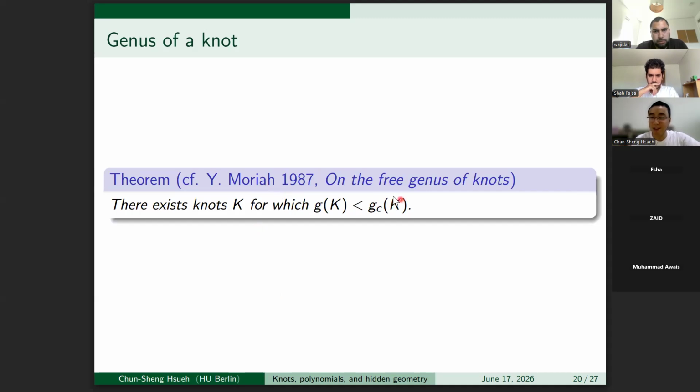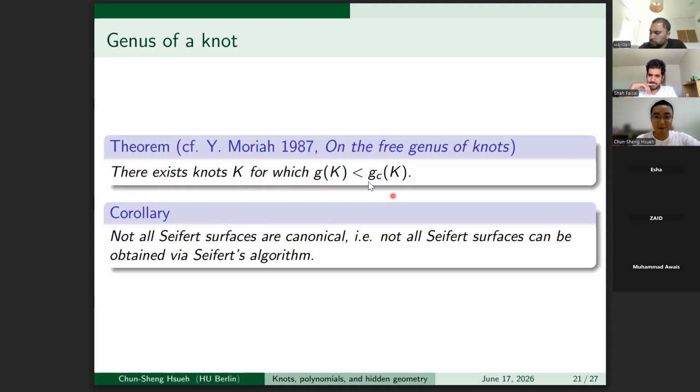Today I don't plan on talking to you about free genus, but that's again some other genus, and it's also very interesting. As a corollary of the fact that for some knots it's not equality, it means, just to repeat, that there are some Seifert surfaces that cannot be obtained via Seifert's algorithm.